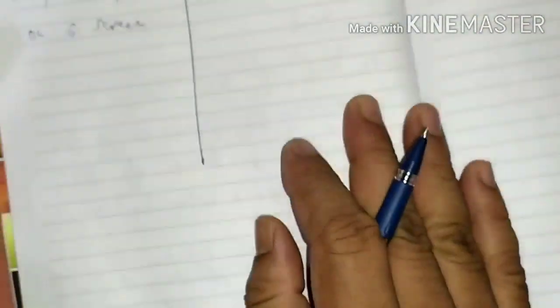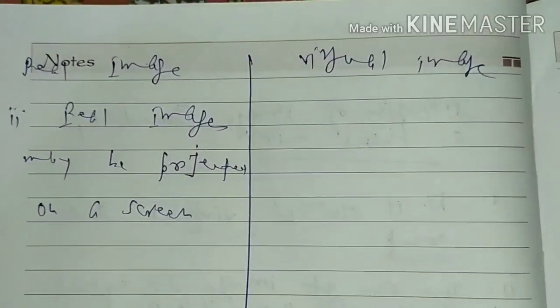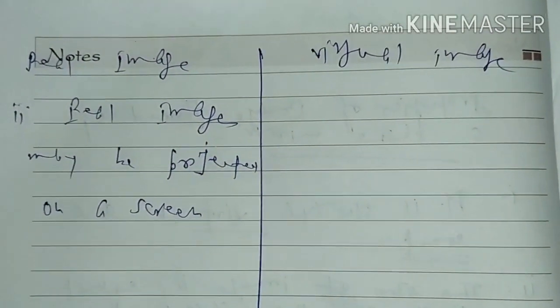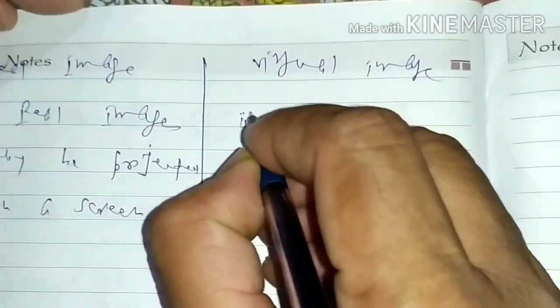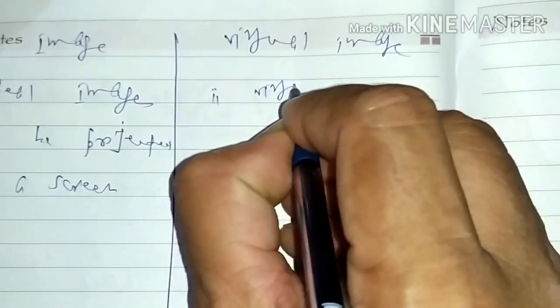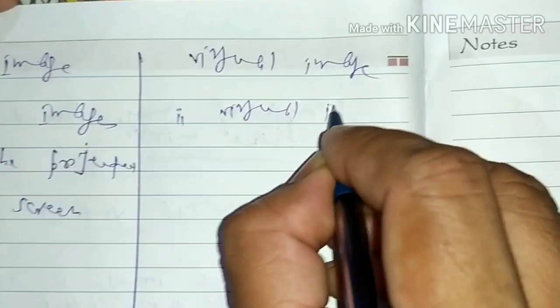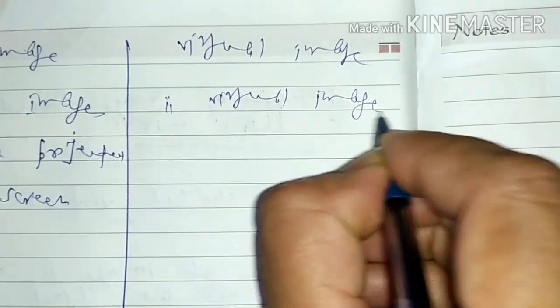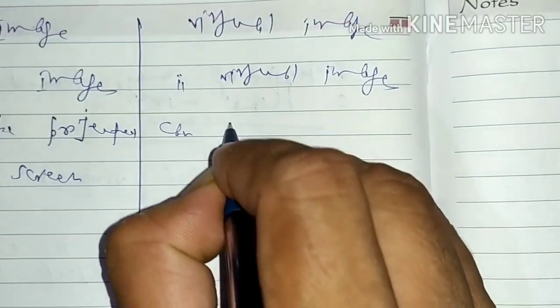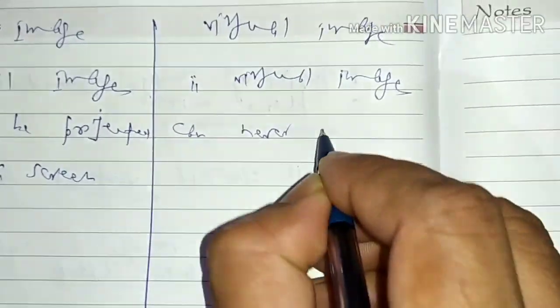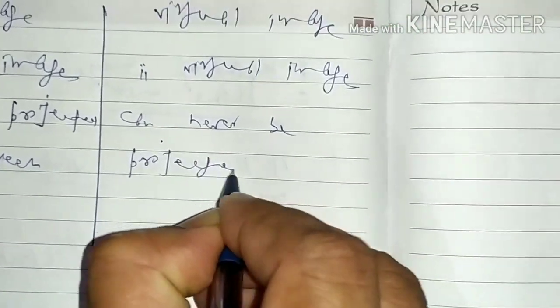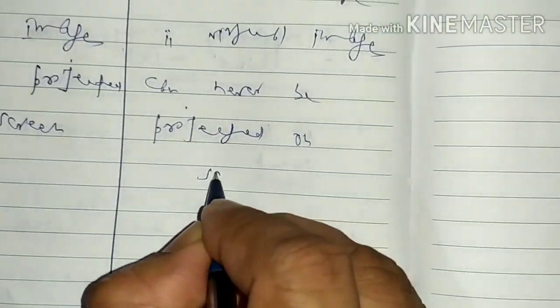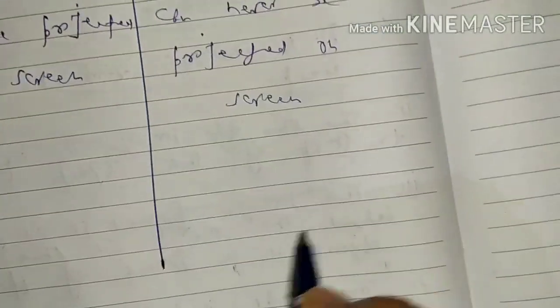We can form real images on any piece of paper, any object or a screen or on a wall, etc. But virtual images can never be projected on the screen.